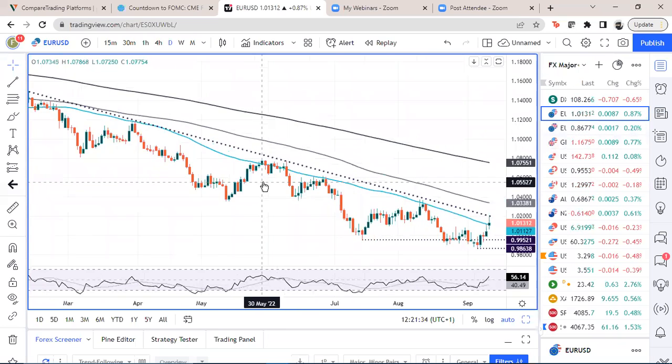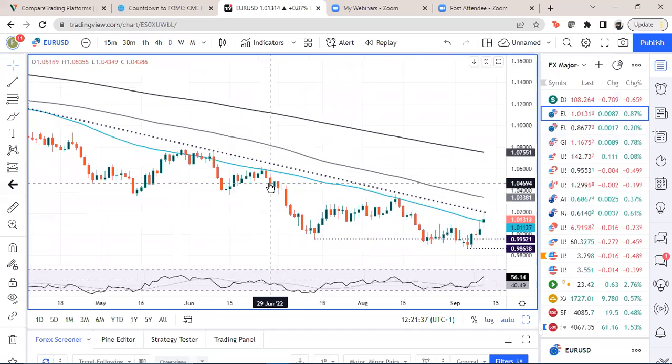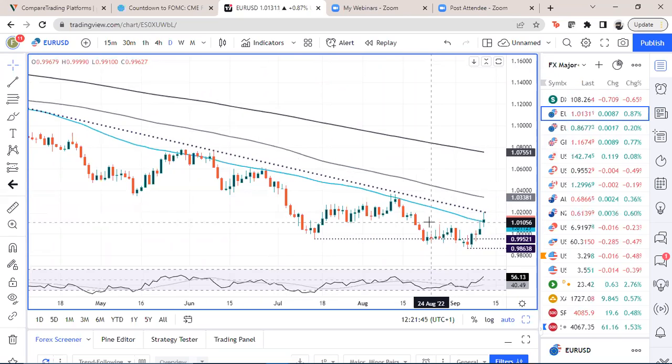For euro dollar, well, we can see what's happened recently. Obviously, we pushed up now above the late August high there. That was at 1.0090. You can see that high there, around there. We just pushed up above that just now, actually, and also the 50-day moving average at 1.0112 or so.